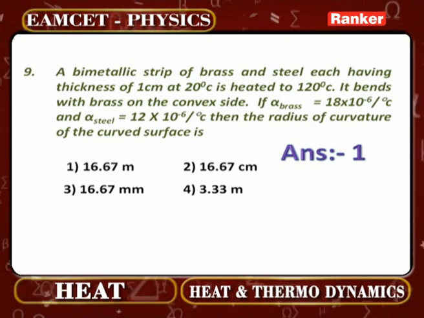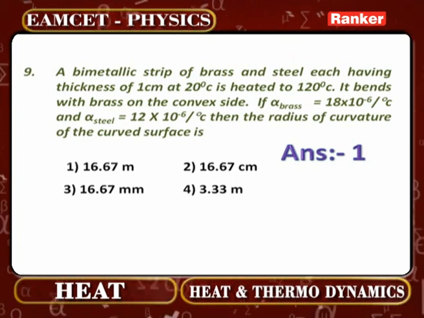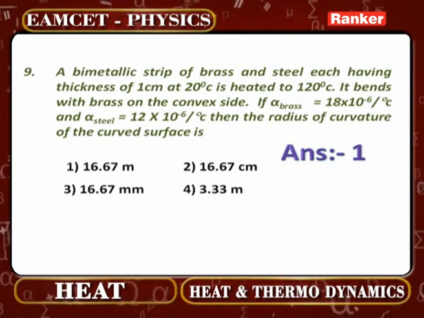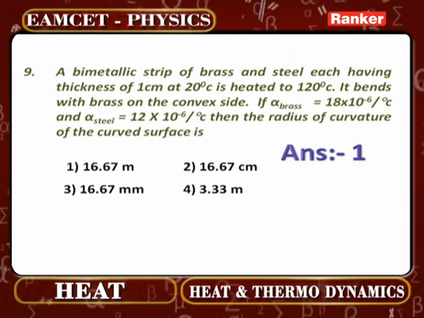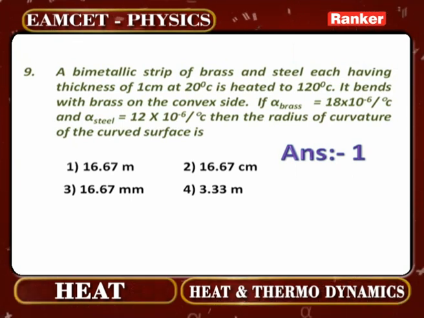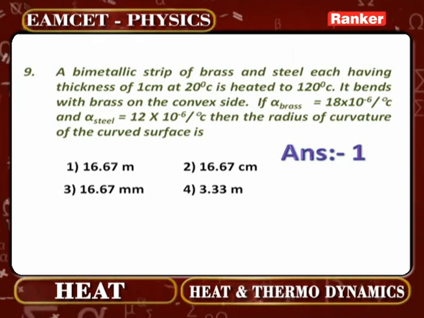A bimetallic strip of brass and steel, each having a thickness of 1 centimeter at 20 degrees centigrade, is heated to 120 degrees centigrade. It bends with brass on the convex side, obviously, because I have already given you in the beginning itself, out of all the metals, brass has the greatest value of alpha.